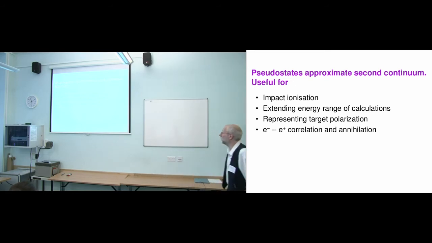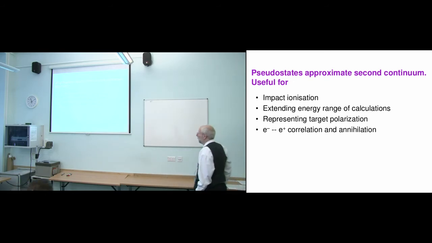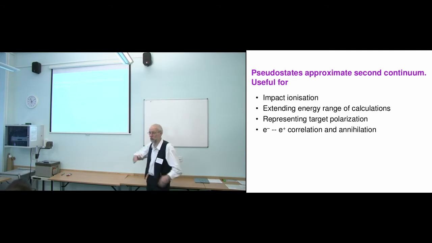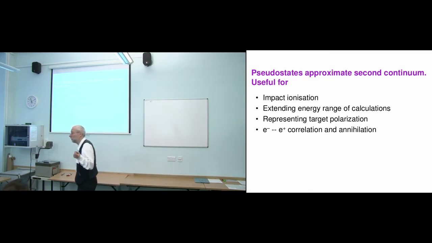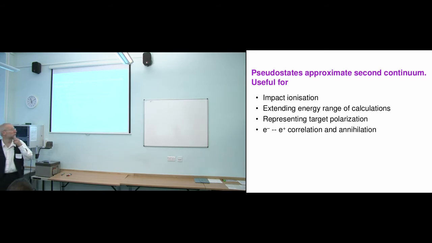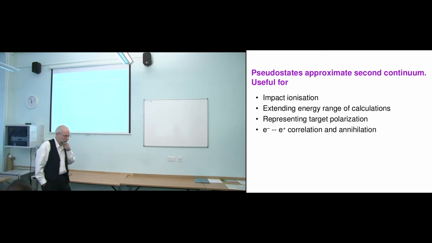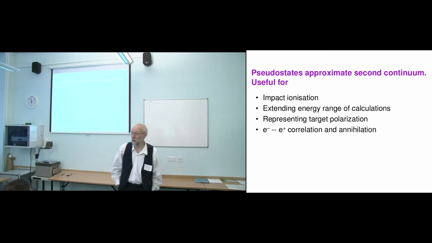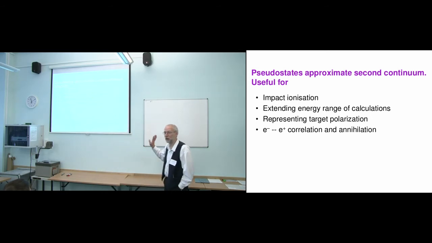So pseudostates are a method of basically giving you a second continuum. You have a first continuum because you have your electron coming in over the target molecule, and pseudostates allow you to represent the continuum of the target. So when the target itself is ionized, for example, that produces another continuum. Originally we started looking at them for impact ionization, and I'll discuss that briefly, and I'll also say why I don't think that is the future.